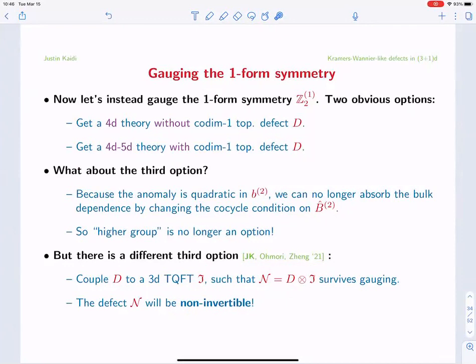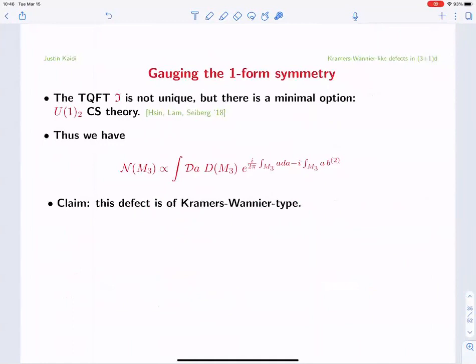Okay. So let's give more detail on this. This TQFT I, what is it? Well, obviously the TQFT I is not unique. There can be many theories which match the same anomaly. But it turns out that there's a minimal option in some appropriate sense.